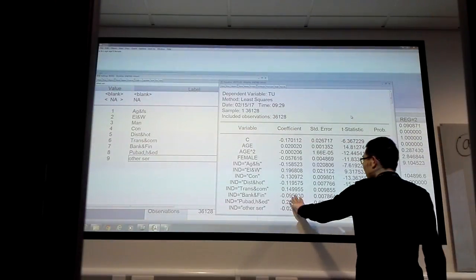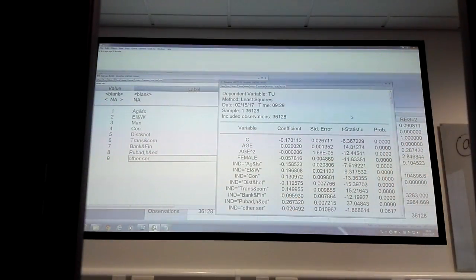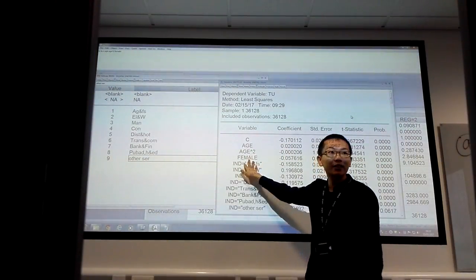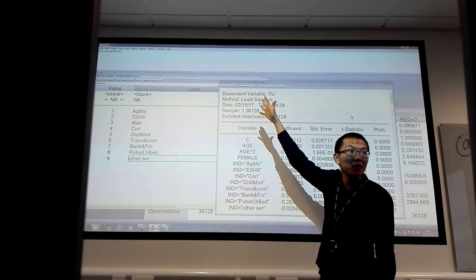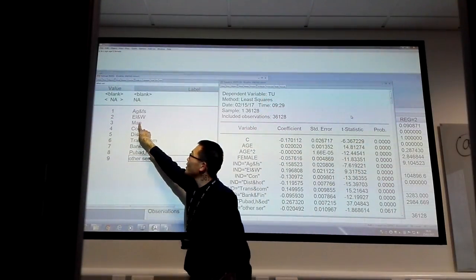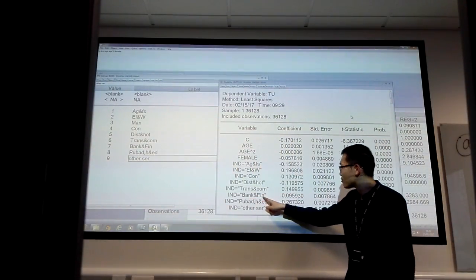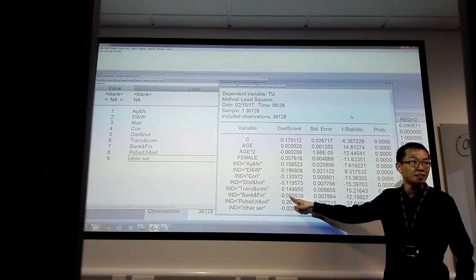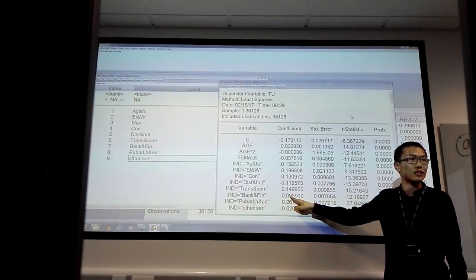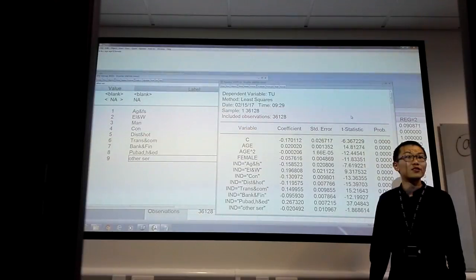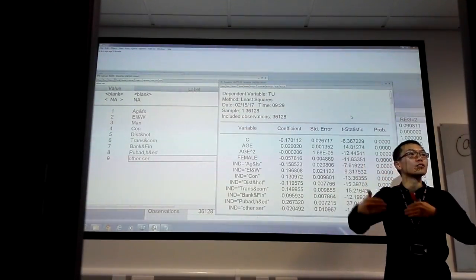Given a cohort coming from a bank sector, then compare this cohort with another individual who has exactly the same age, exactly the same gender, all the other things unchanged, but coming from the manufacturing sector, then this person who comes from the banking sector would be 10% less likely to participate in the trade union. So it's always the comparative, relative interpretation.